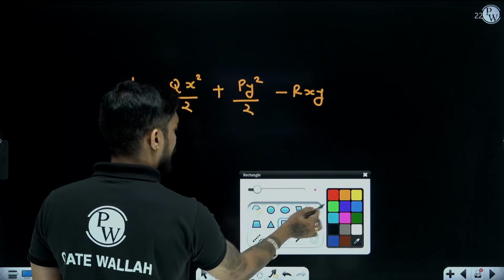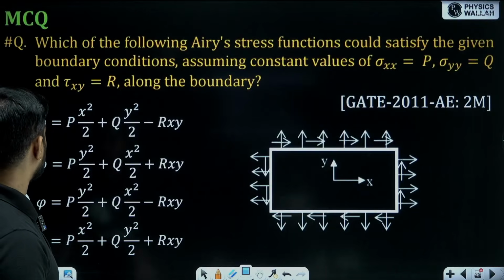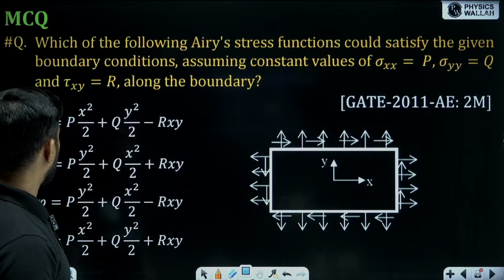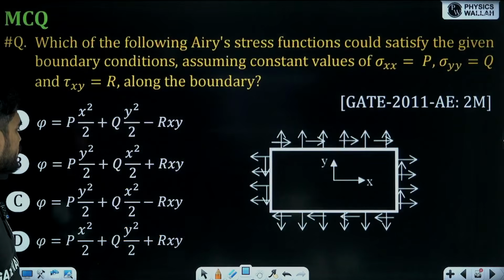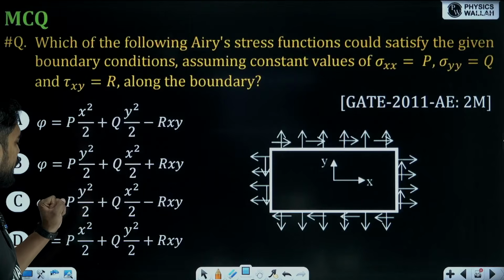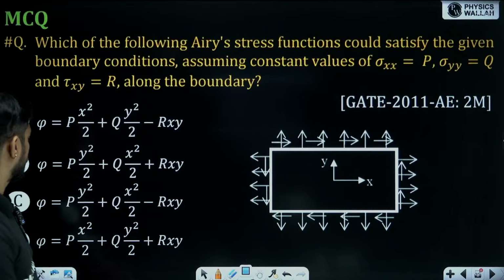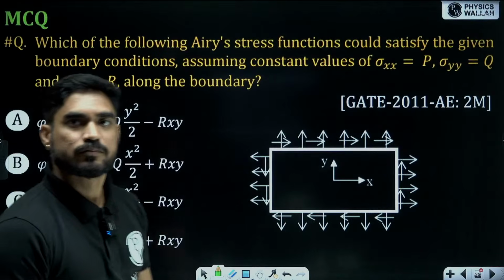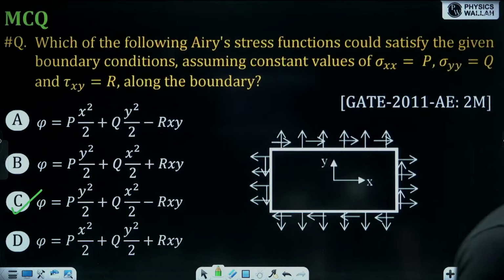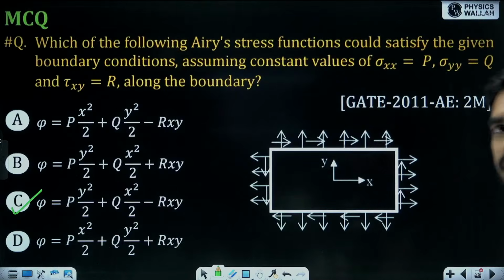This is the Airy stress function: qx square by 2 plus py square by 2 minus rxy. C is the correct answer.